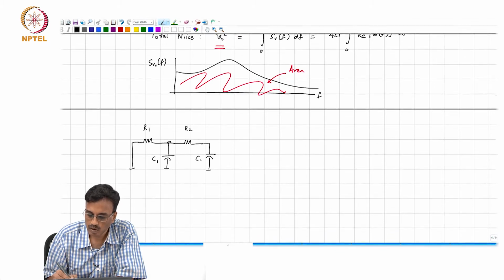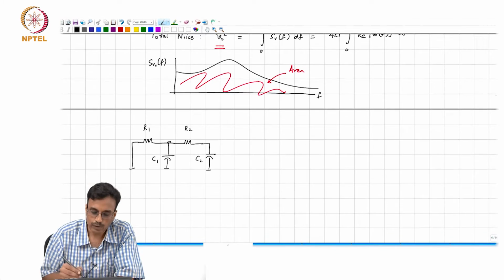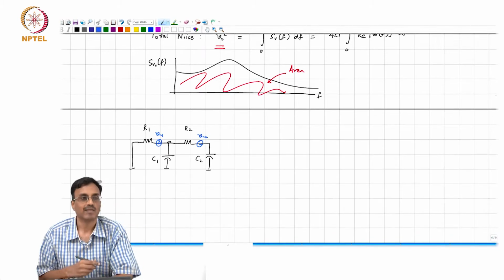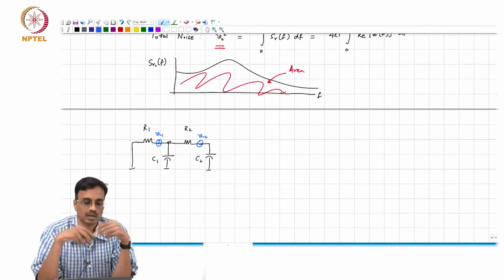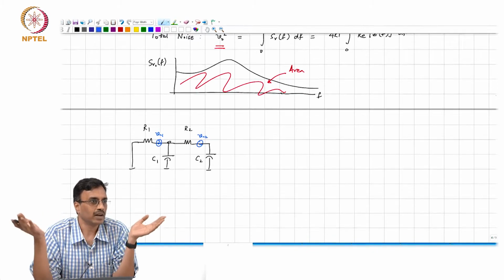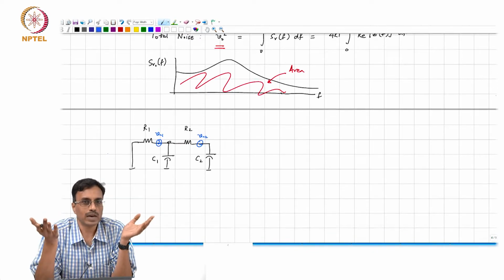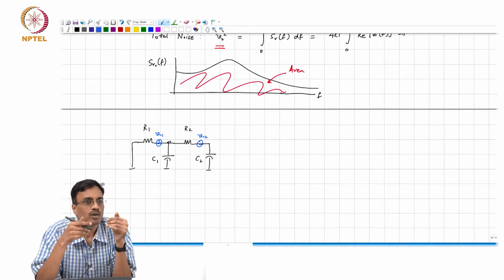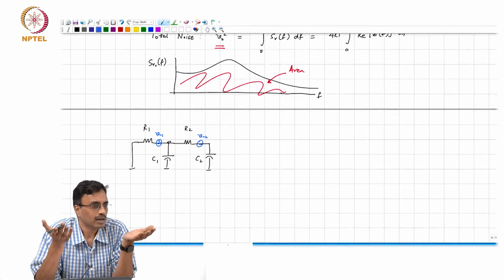C2, all right. The transfer function from this noise source to the output will have a second order denominator, right. So, the denominator magnitude square will be a fourth order polynomial, right.